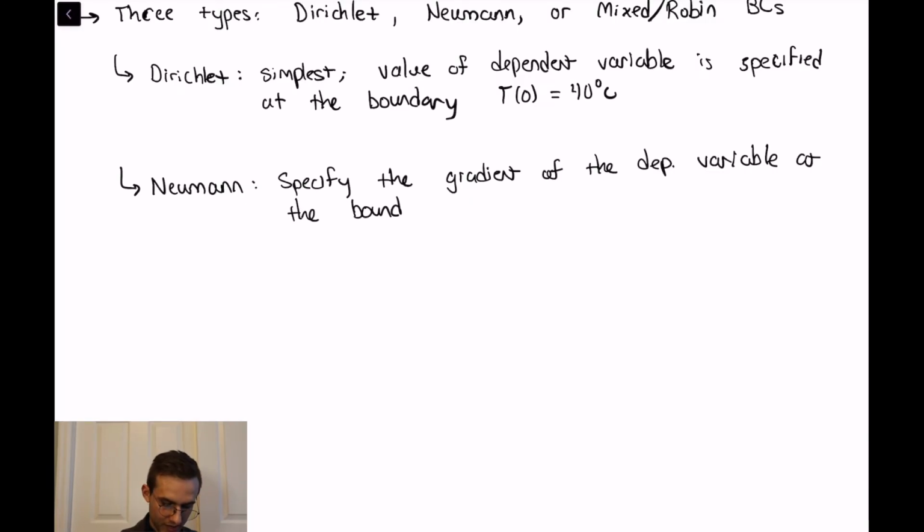And these are also very common. This is like, imagine you want to specify the heat flux into the rod. That would involve a gradient of the temperature, as opposed to fixing the temperature value at one end or the other of the rod. Okay, so Neumann.